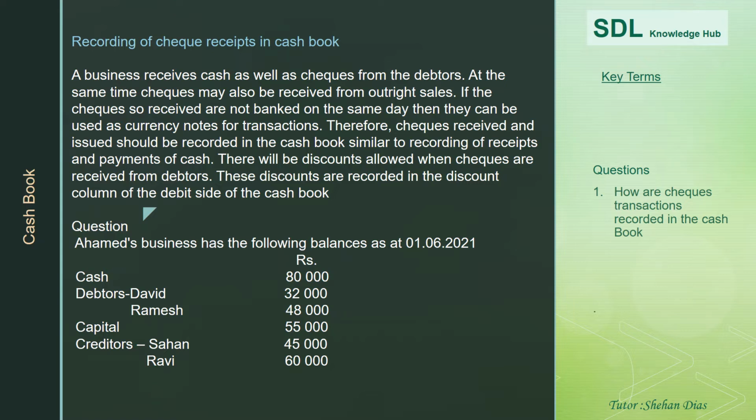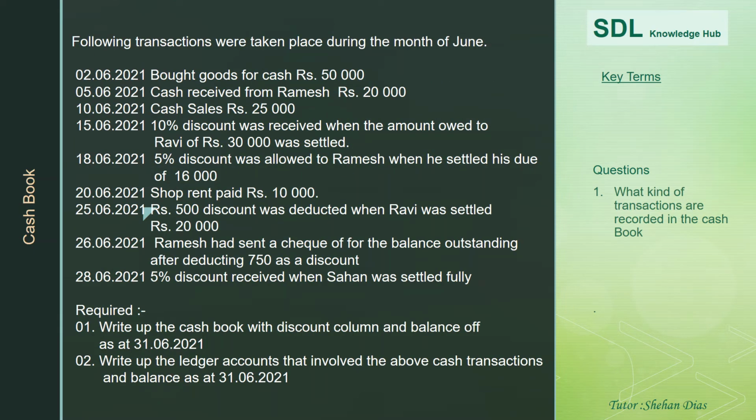So we will look at a question regarding discounts. The opening balances for cash, debtors, creditors, and capital have been given, and then the transactions that took place during the month of June are given.